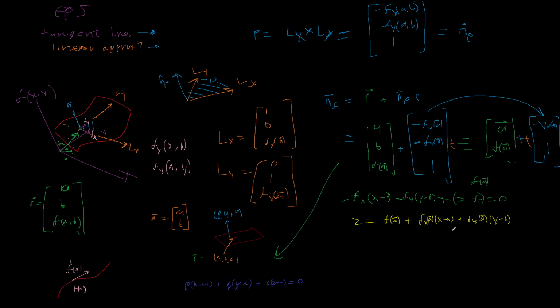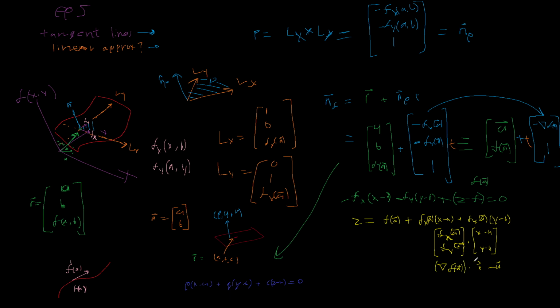We can do the exact same thing here, because this is the dot product of (f_x, f_y) at a, dotted with (x minus a, y minus b). We can think of this as the vector x minus the vector a, and this is just the gradient of f evaluated at a.